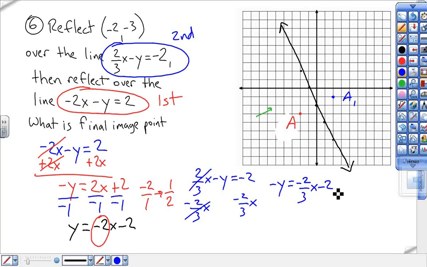I am not done. I need to divide everything by -1 to get everything positive. That will give me positive y. -2/3 divided by -1 gives me positive 2/3 x. -2 divided by -1 gives me positive 2.